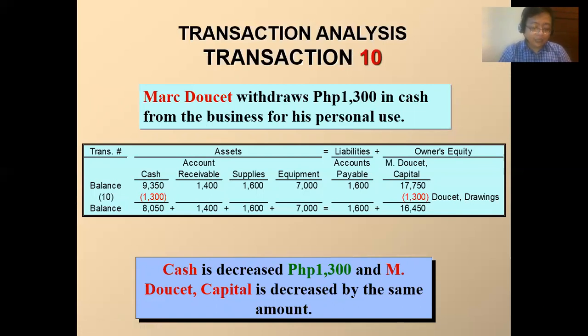So ilan yung assets mo? 8,050 plus 1,400 plus 1,600 plus 7,000. So you have now 18,050. Sa kabila ba, 18,050 din? 1,600 plus 1,450. Yes, 18,050. Alright? Cash is decreased by 1,300 and also capital is decreased by the same amount.